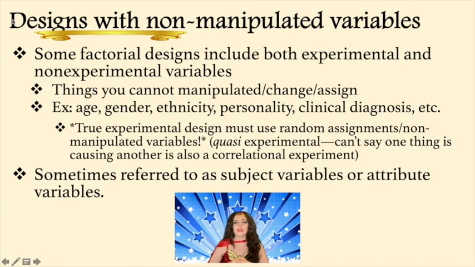So anytime you want to test the effects of gender on academic achievement, effects of gender on depression, because you cannot control the gender variable, it becomes a quasi-experimental study because you are using a non-manipulated variable as your independent variable, as the stimuli for your study. So remember, true experimental design also has to use random assignment of non-manipulated variables. Another word for non-manipulated variable is a subject variable or an attribute variable.